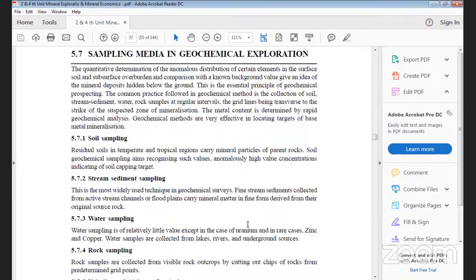And then different sampling media, which could become a long question: the different sampling media in geochemical exploration. Those sampling media we see quantitatively, to determine the anomalous distribution of certain elements in the surface soil and subsurface ore pattern, in comparison with the known.